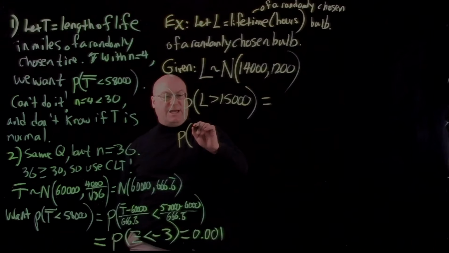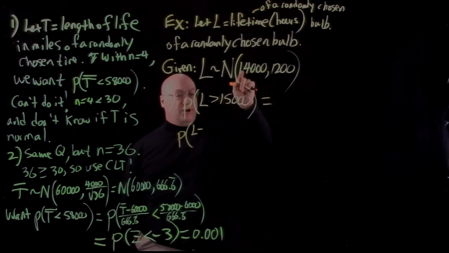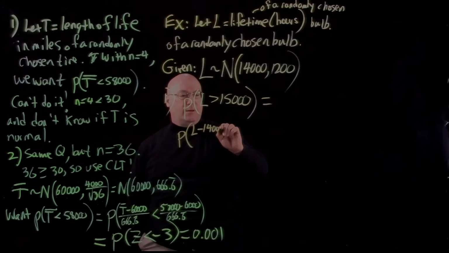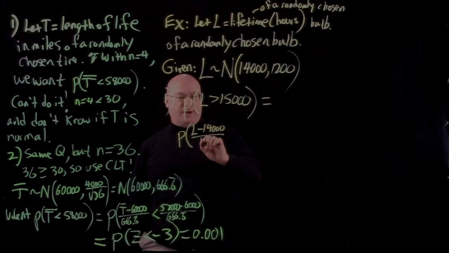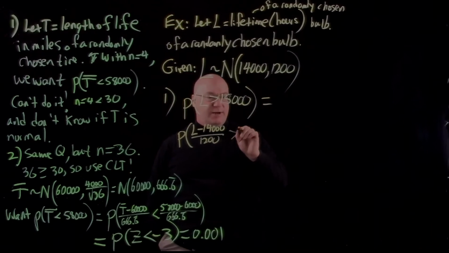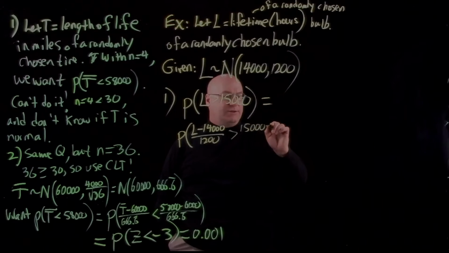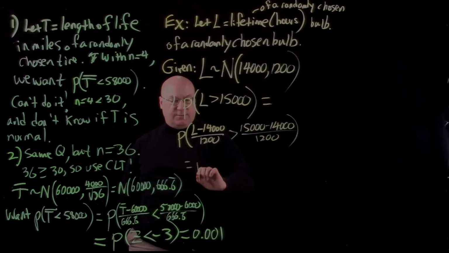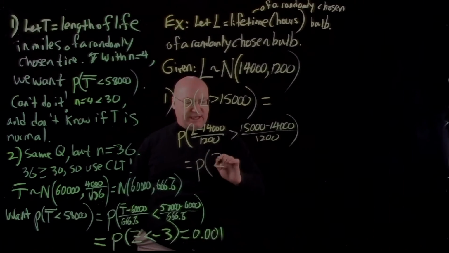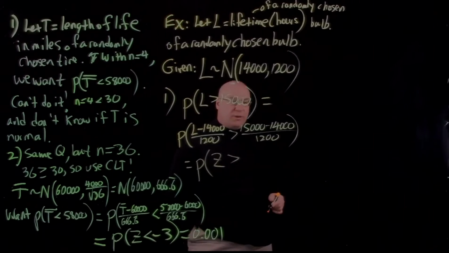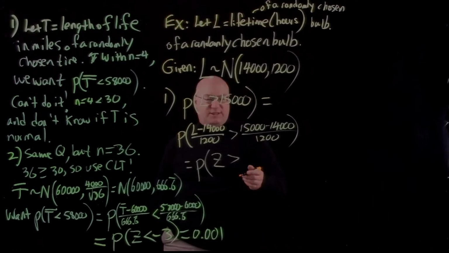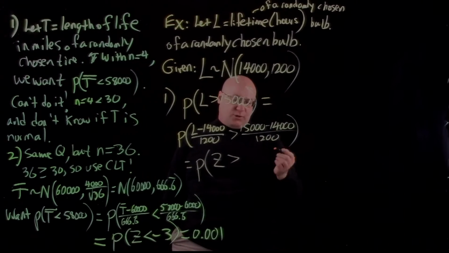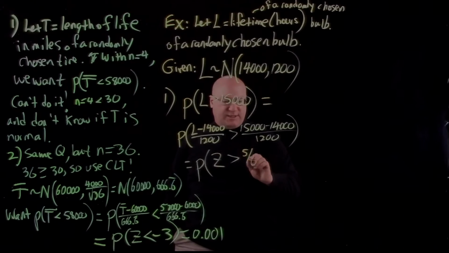So it's the probability that L minus 14,000 divided by 1,200 is greater than 15,000 minus 14,000 over 1,200. And this works out to be the probability that Z is greater than 1,000 over 1,200, which is 5/6, or 0.833333, right? So I'll just write it as 5/6.